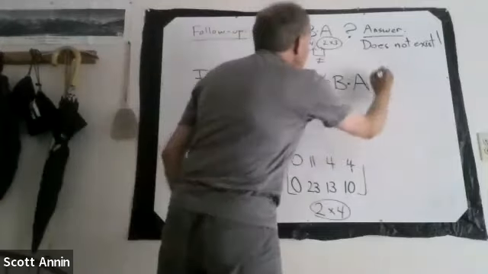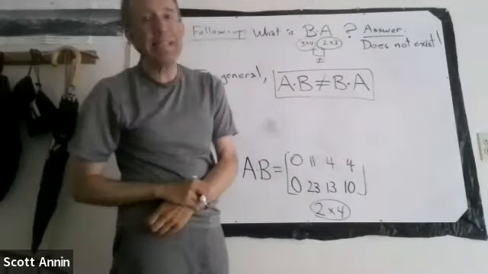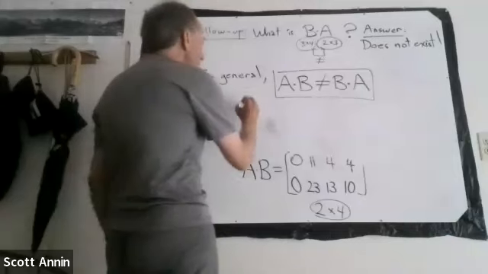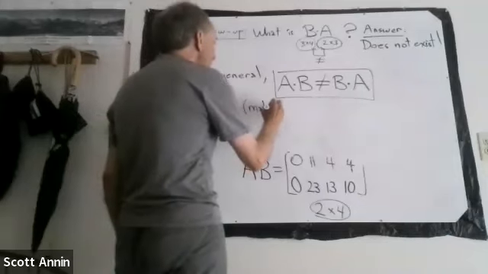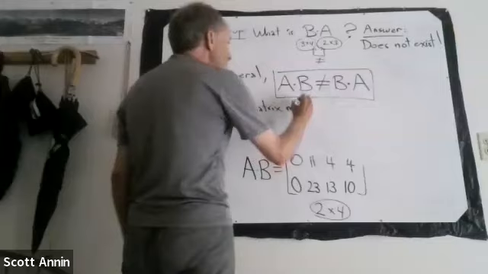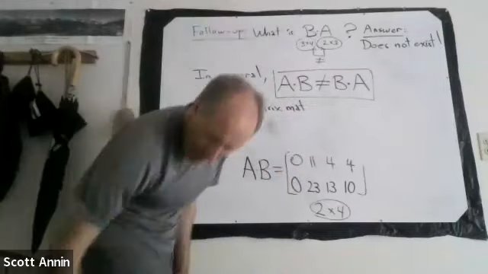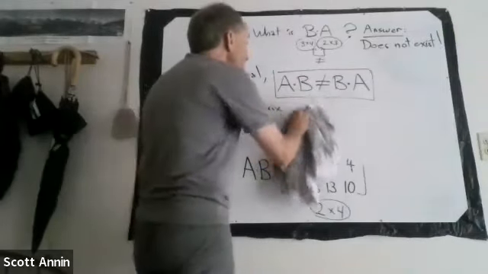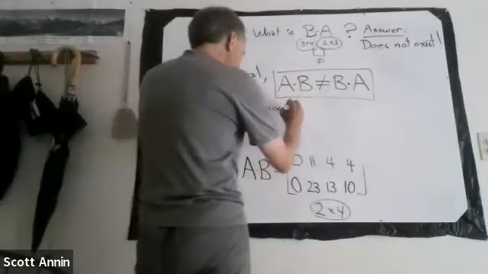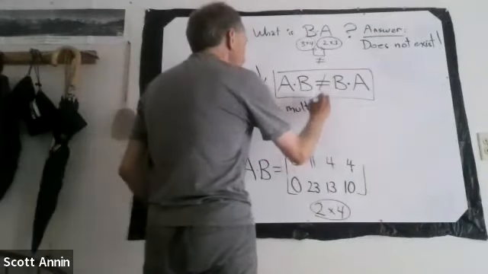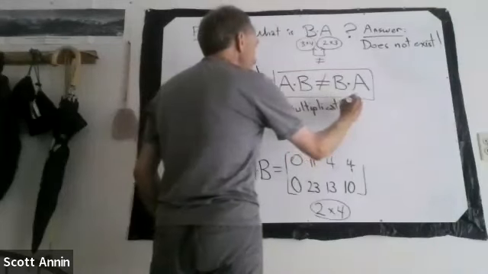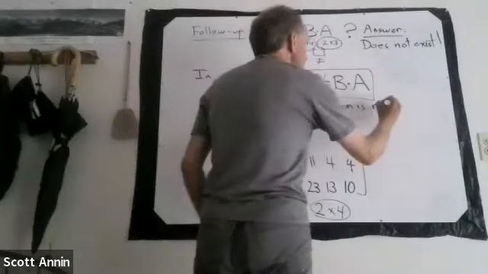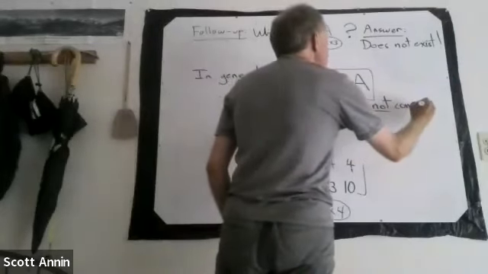In general, A times B is not equal to B times A. A fancy math way of saying that is, there's a word for this: matrix multiplication is not commutative.